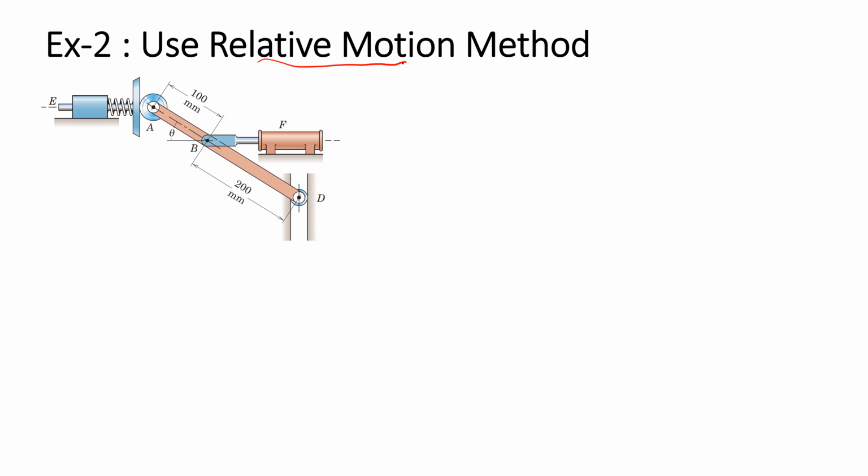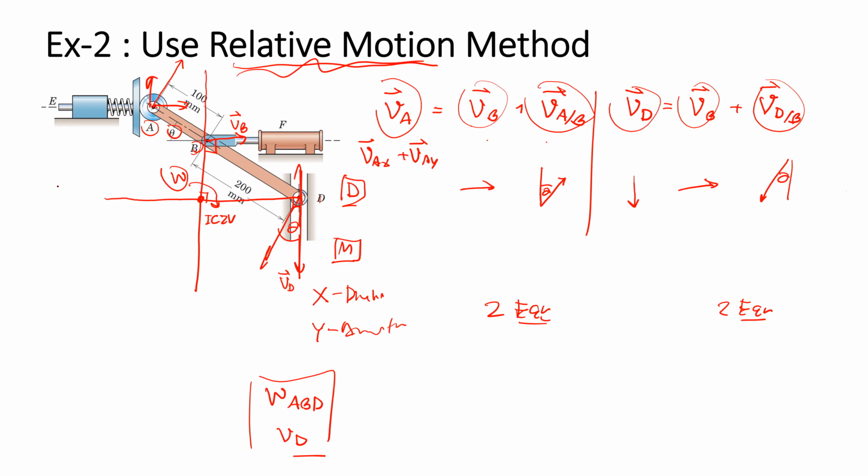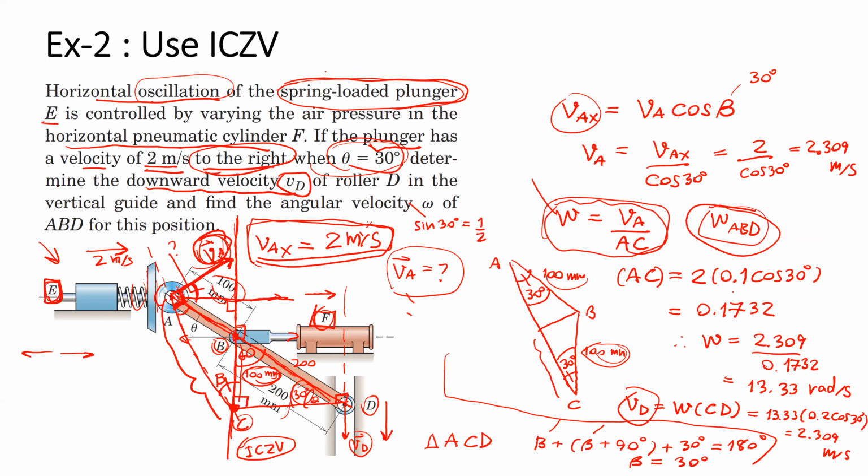And in this problem, the problem gives the information. The problem gives the velocity. The plunger, this one, has velocity of 2 meters per second to the right-hand side.